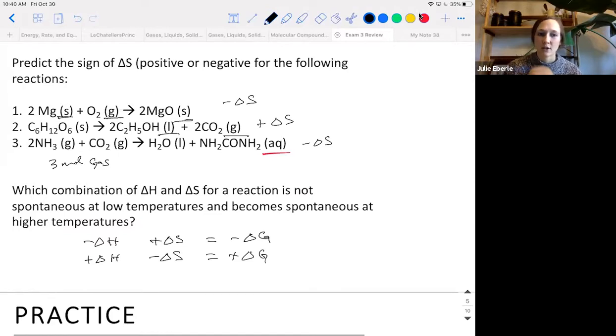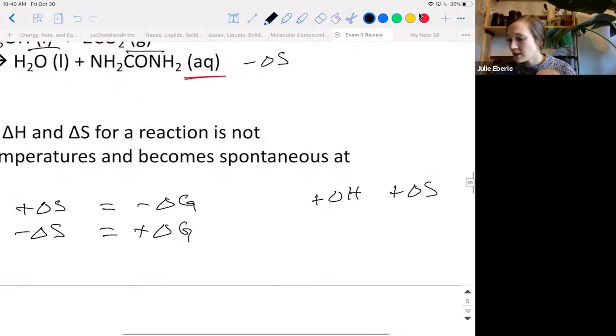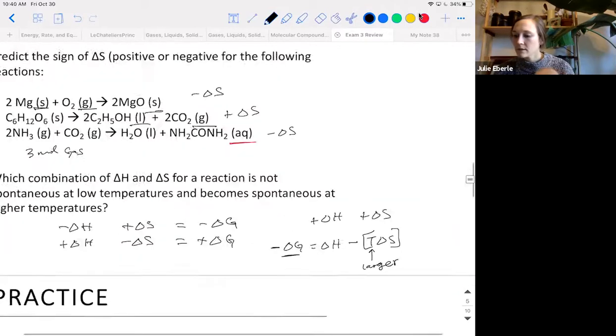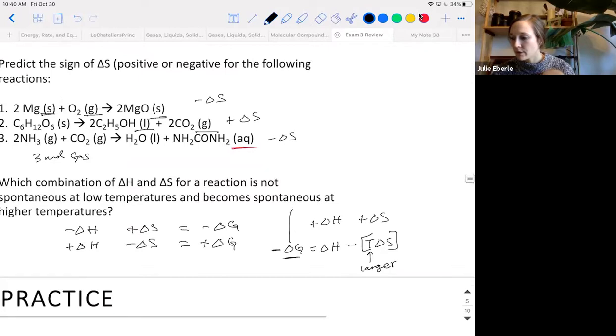I'm seeing it in the chat now, they're saying when they're both positive. And that is absolutely right. When you have a positive delta H and a positive delta S, remember, your equation is delta G equals delta H minus T delta S. So the larger T is, the more negative this whole term becomes, and the more negative it becomes, the more likely you are to get a negative delta G, which is congruent with spontaneous.